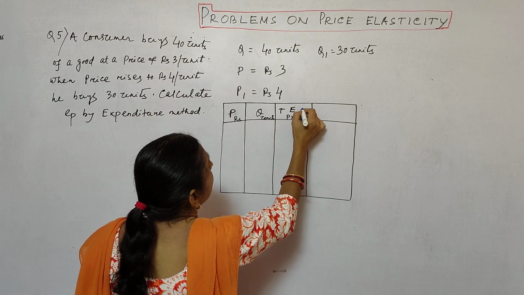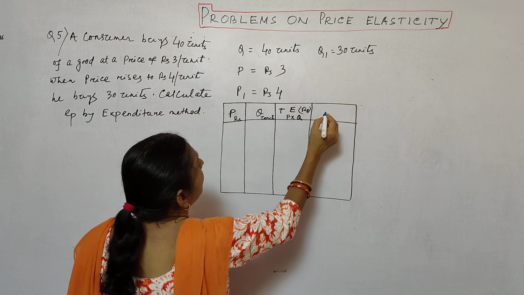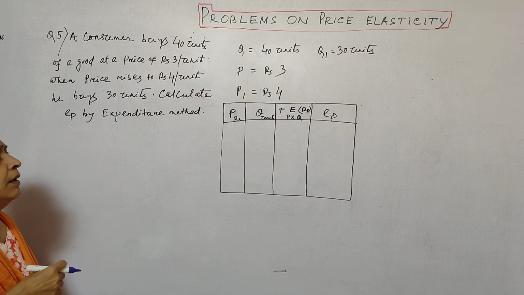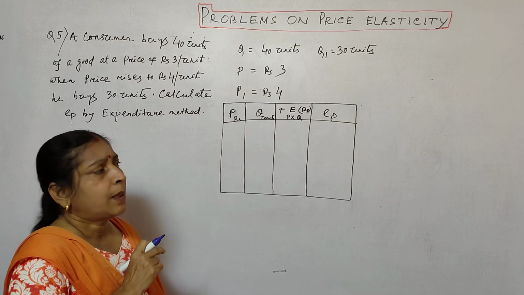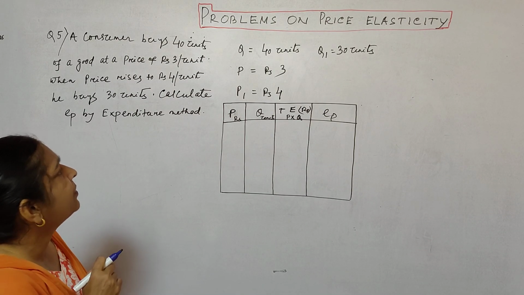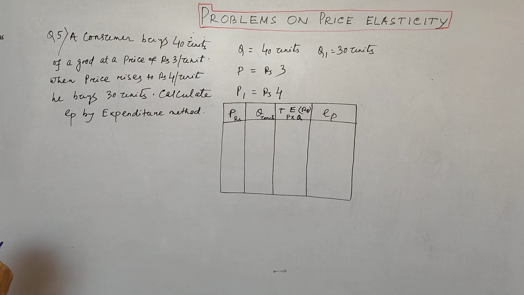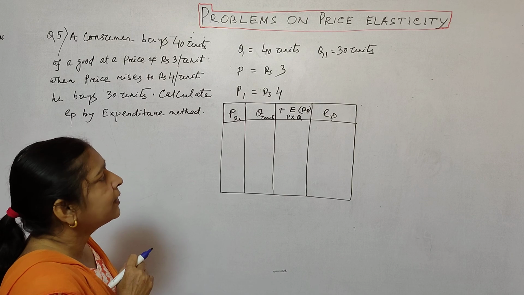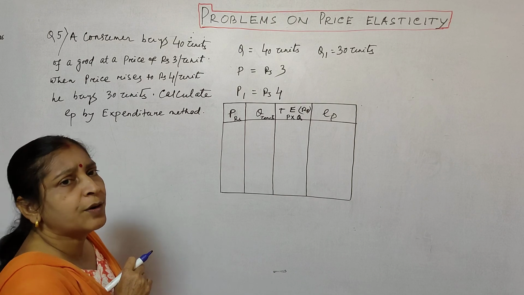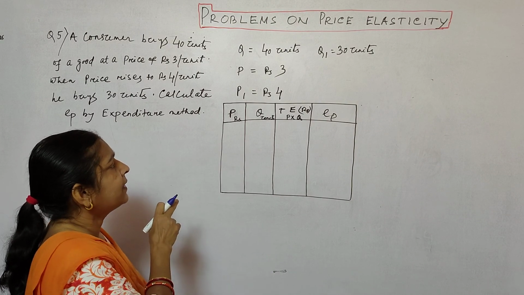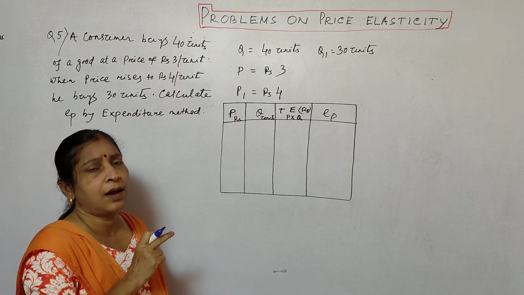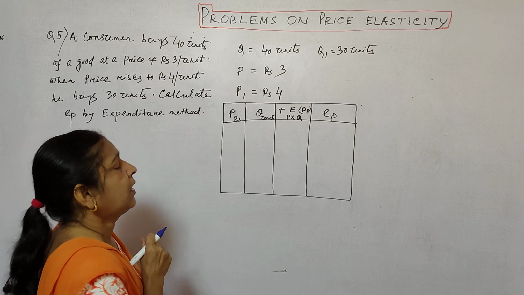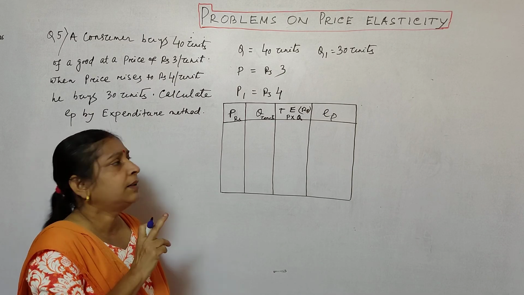This is in rupees. This is EP. With the help of this table, we will calculate the value of EP by the expenditure method. Expenditure method means we have to calculate the expenditure on the commodity with the price and quantity given to us. Now we will calculate the amount of expenditure the consumer has to incur on this commodity.